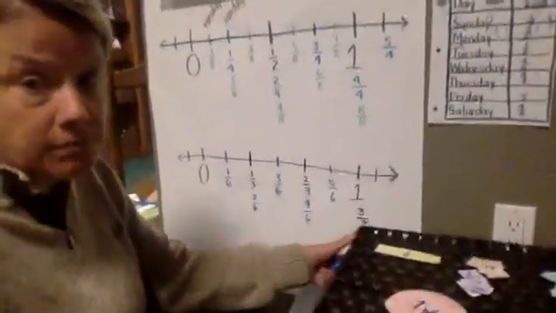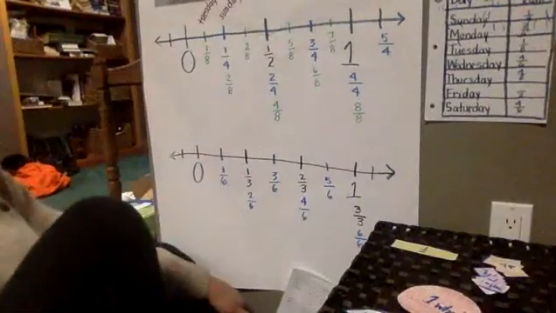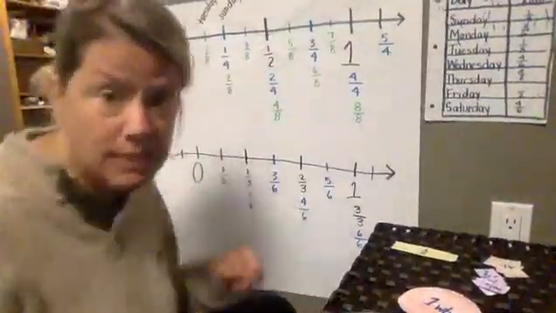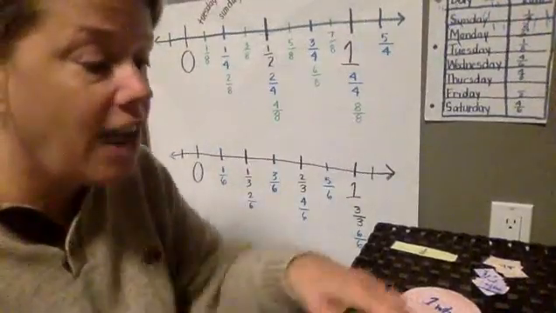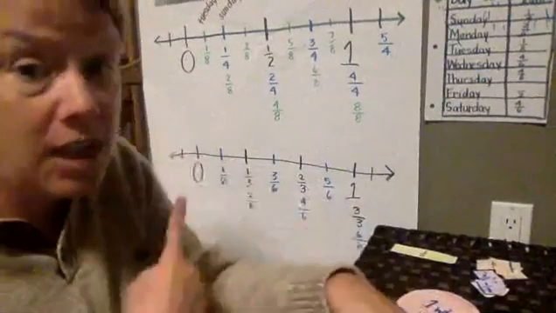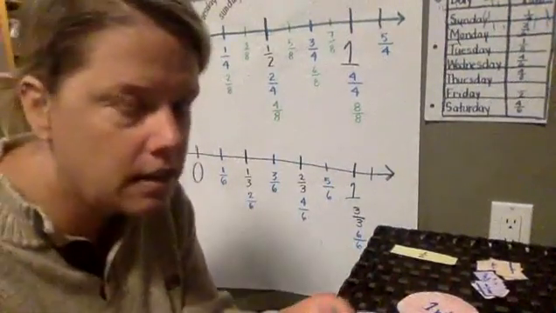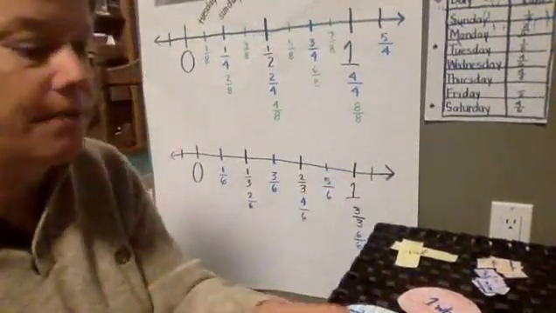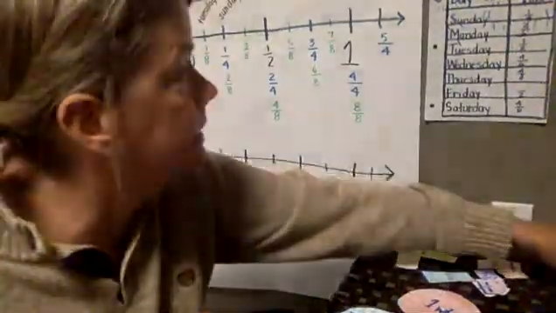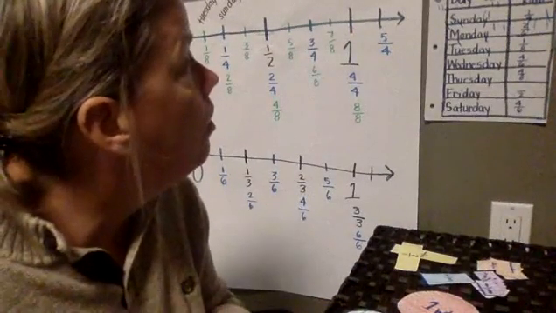I'm trying. Okay. So I did it on my number line, but I want to show it too with my fraction bars, because it's important to see it both ways. And the fraction bars, I think you know, is a little bit easier than doing it on the number line. So I'm looking to see if 2/6 and 4/6.